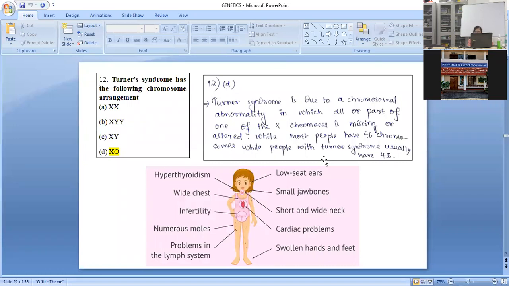Now coming to Turner syndrome, we had already seen the symptoms of Klinefelter syndrome. Turner syndrome has the arrangement of chromosomes as XO. There is absence of 1 X chromosome in a normal female karyotype. It is due to a chromosomal abnormality in which all or part of one of the X chromosomes is missing or altered.